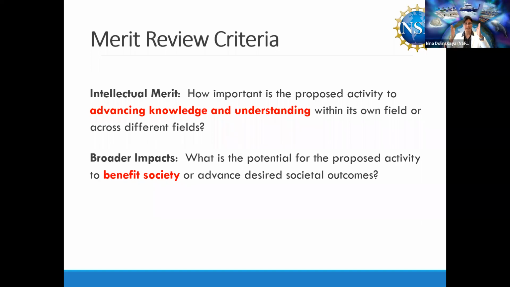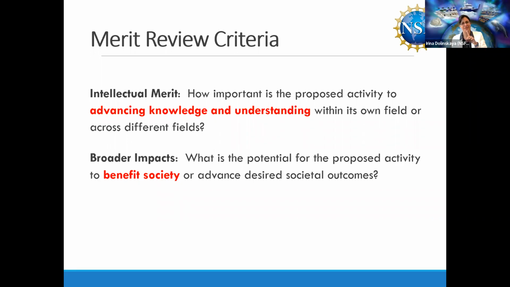So NNA is a solicitation. And just like many other solicitations within NSF, we have additional solicitation-specific review criteria. Okay? So if proposals get submitted to a solicitation, then in addition to intellectual merit and broader impact, the reviewers are also asked to evaluate and talk about solicitation-specific review criteria.